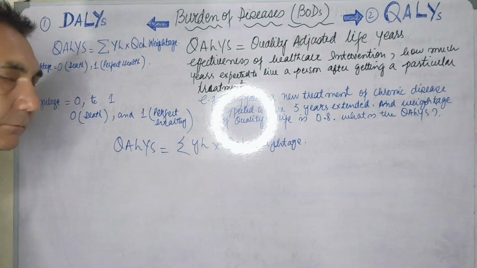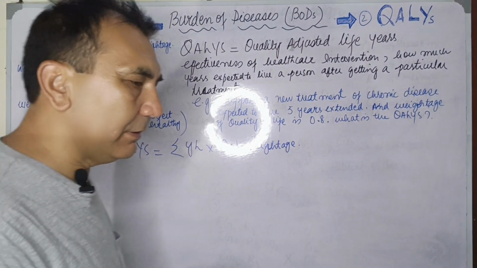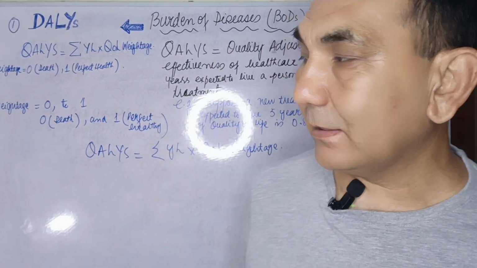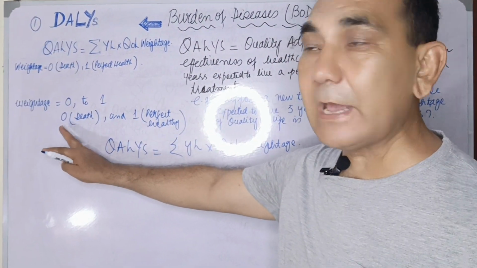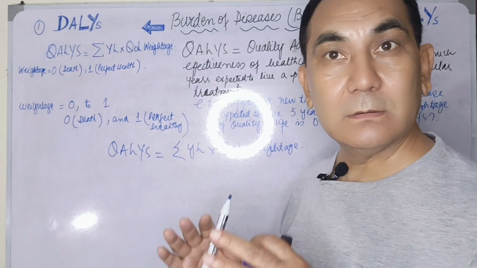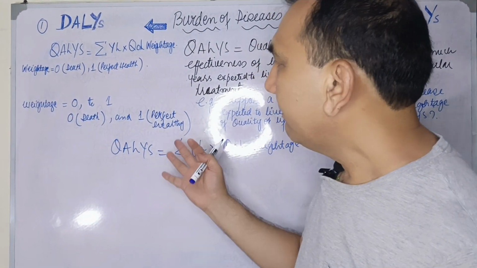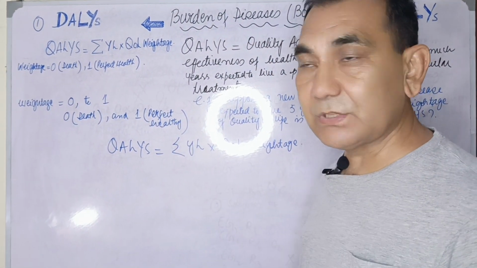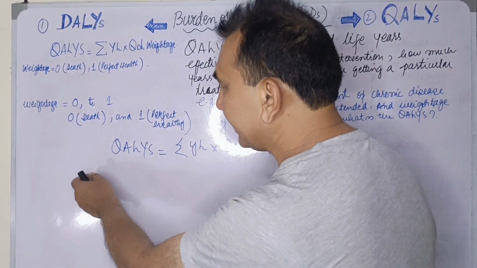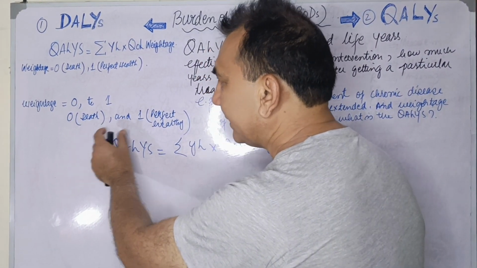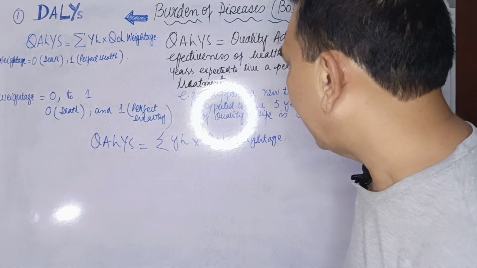It is a little bit inverse of DALYs, where 0 was the perfect life and 1 was death. But here it is the inverse of DALYs. In QALYs, the weightage is 0 for death and 1 for perfect life.